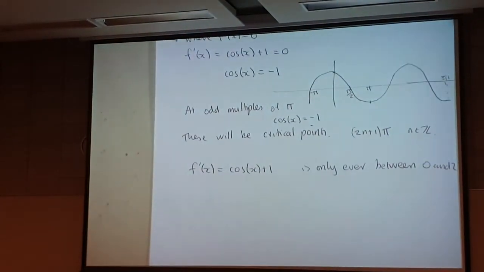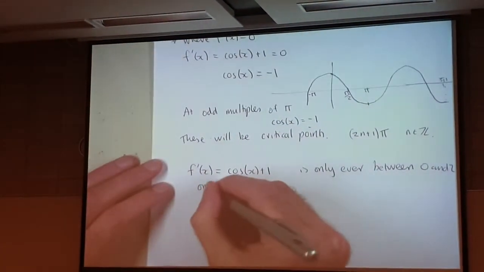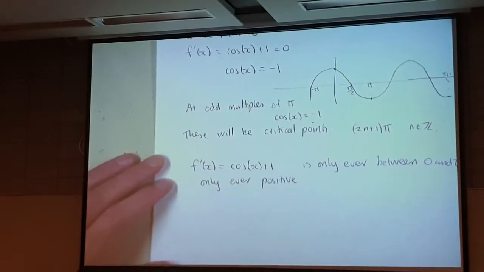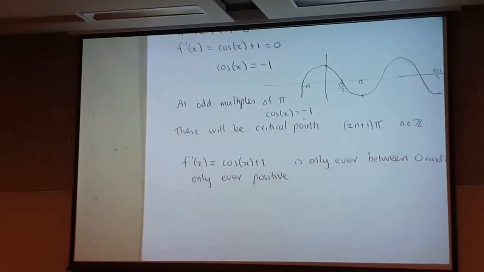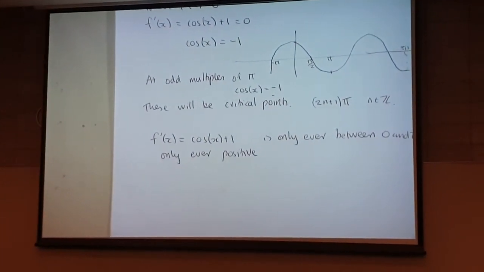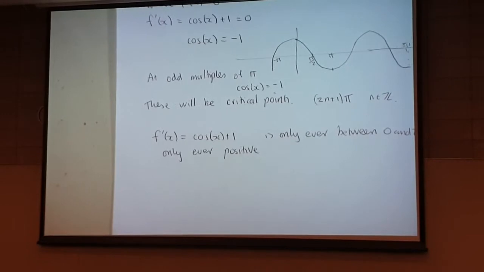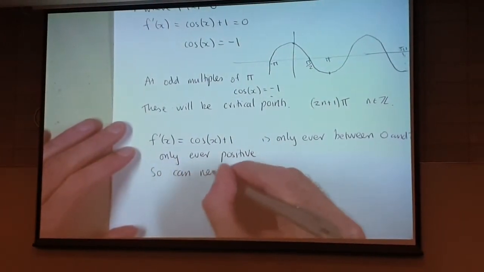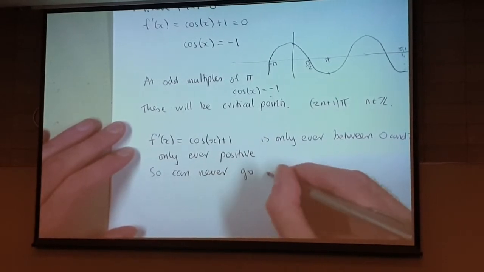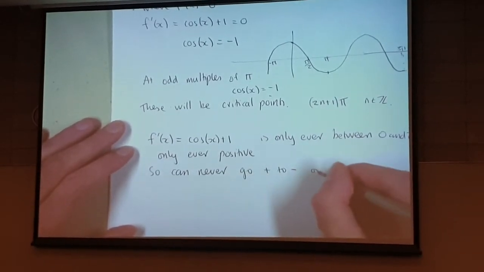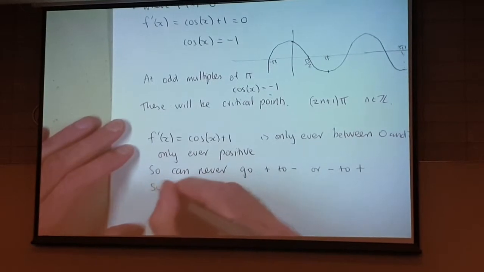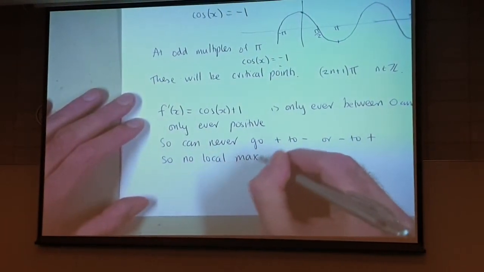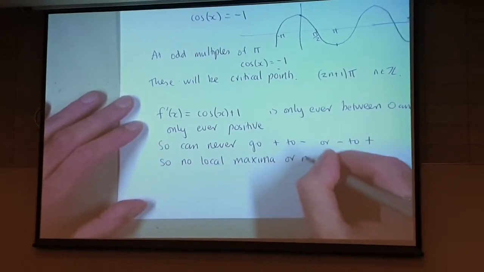So it's only ever positive. So therefore there can't be any local maxima or local minima because it can never go from positive to negative or negative to positive. So it can never go plus to minus or minus to plus. So no local maxima or minima.